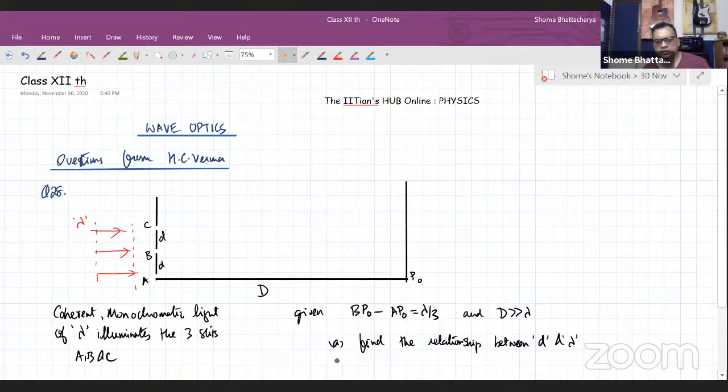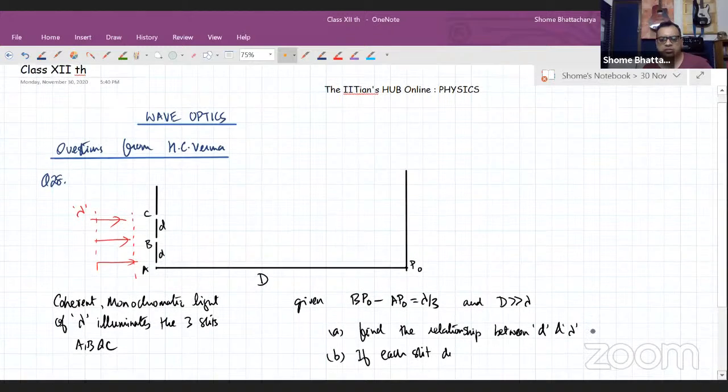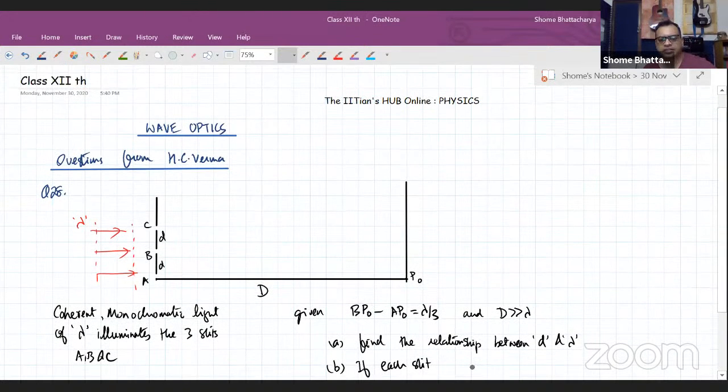And the other thing is that if each slit produces an equal intensity of I on the screen, then what is the net intensity?